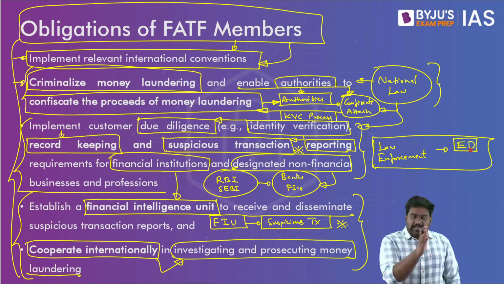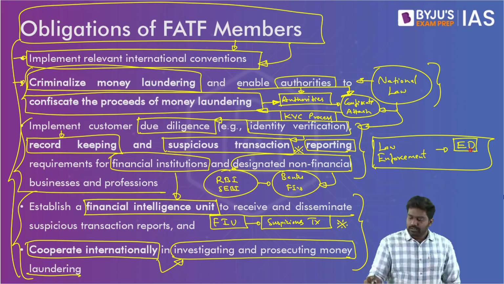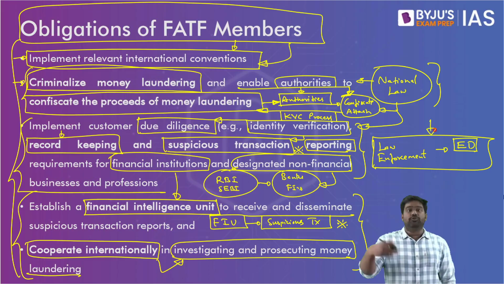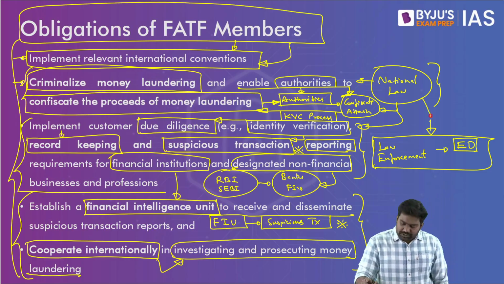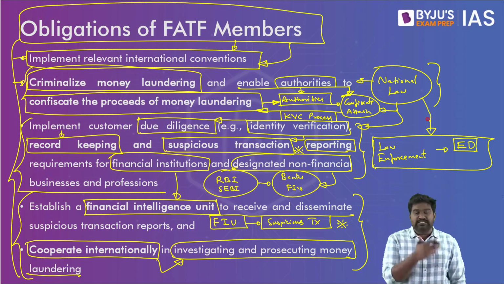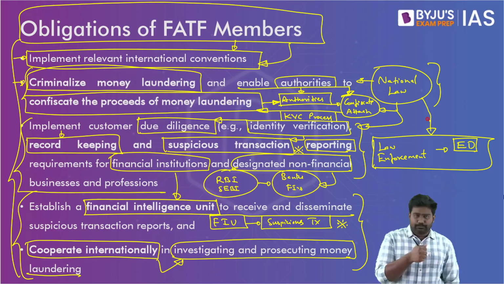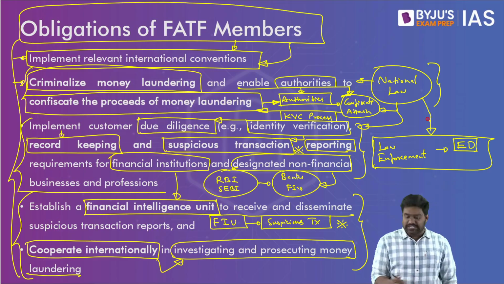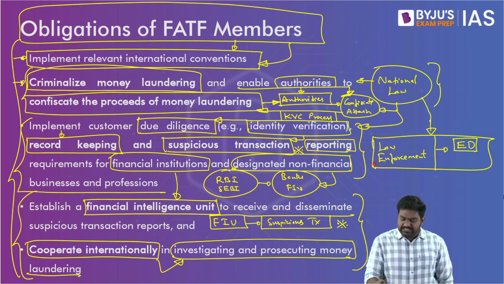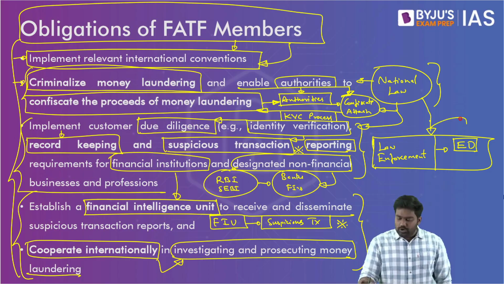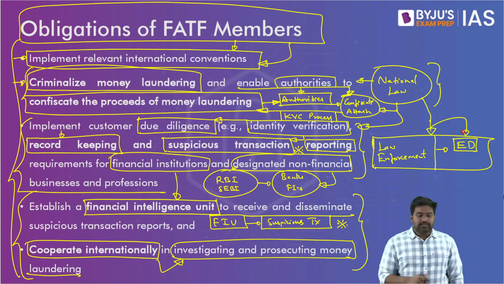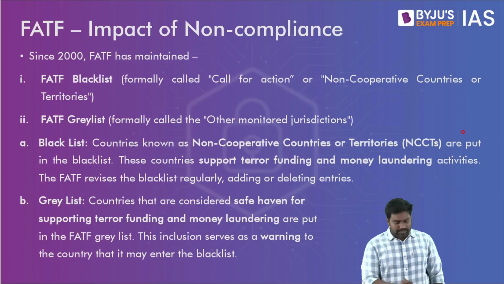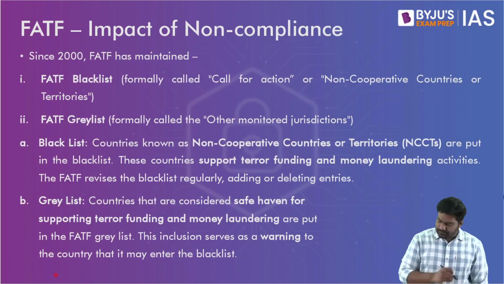So there should be one intelligence agency called Financial Intelligence Unit for intelligence gathering, and a law enforcement agency for enforcing your anti-money laundering law, to enforce the provisions, to arrest the criminals, to file cases against them, confiscate the proceeds, to investigate and collect evidence and prosecute the case. There should be a law enforcement authority called the Directorate of Enforcement. These are basic obligations on FATF members and all jurisdictions.